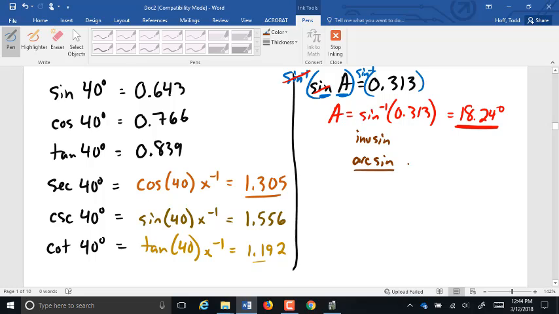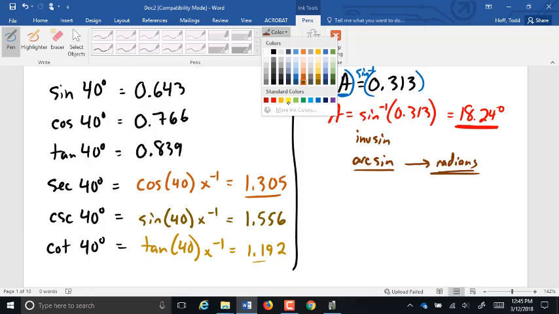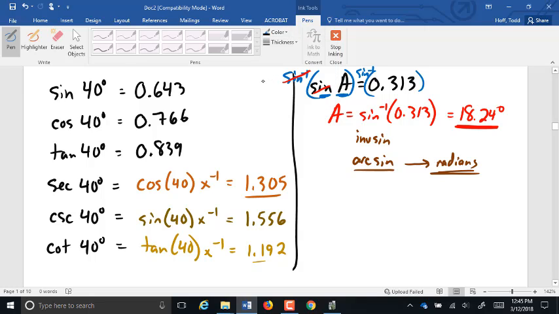Arc sine usually says it wants the answer in radians rather than degrees. We're kind of pulling our focus off of the radians though. If you did 1 divided by sine, by the way, that's a cosecant.